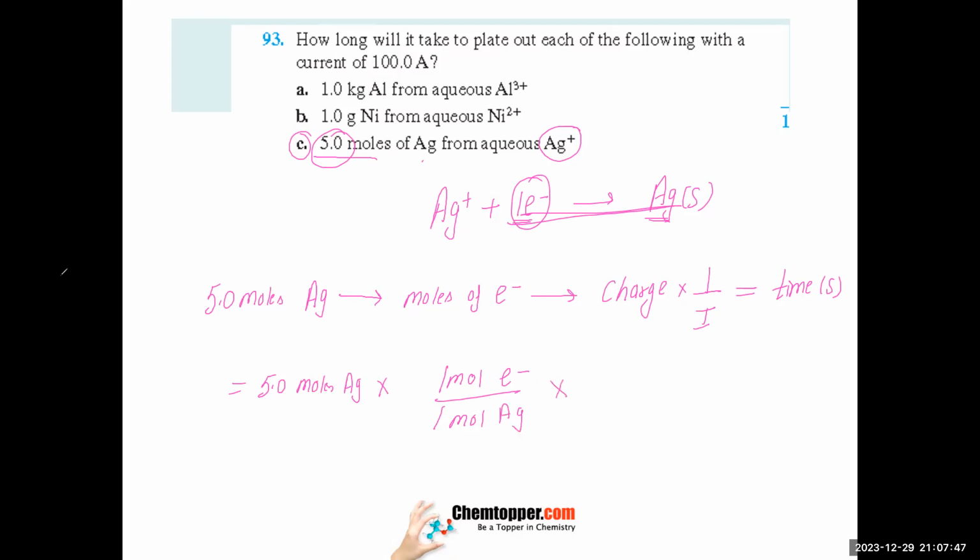Then charge, 96,500 coulombs over 1 mole of electron. Then current given, 100.0 amperes, and you will get the time. Units cancelled, and you're left with coulombs over ampere. Coulombs over ampere is time.